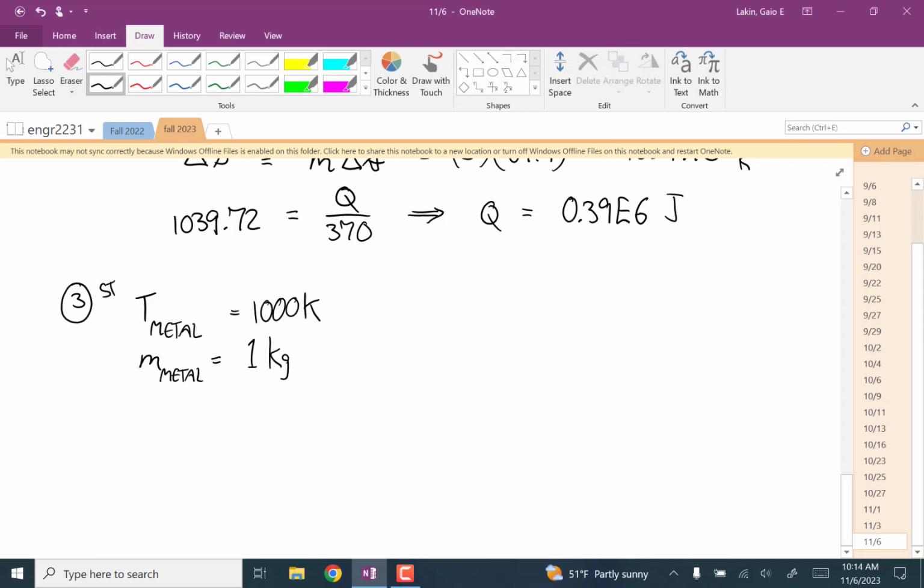So all this is at state 1. You have a temperature of the liquid water of 280 Kelvin and a mass of the liquid water of 30 kilograms.